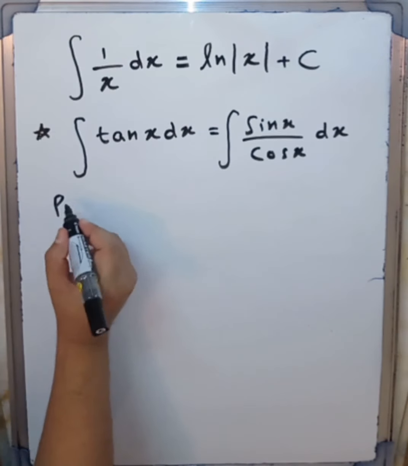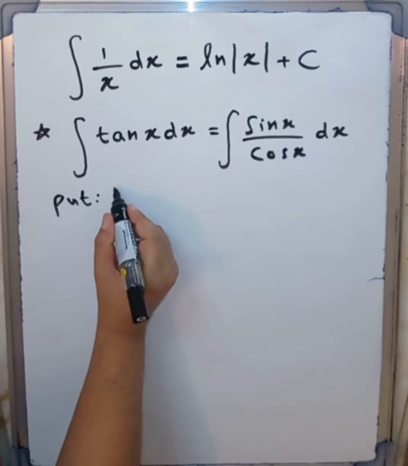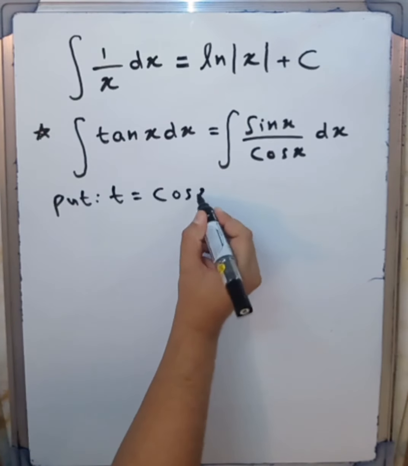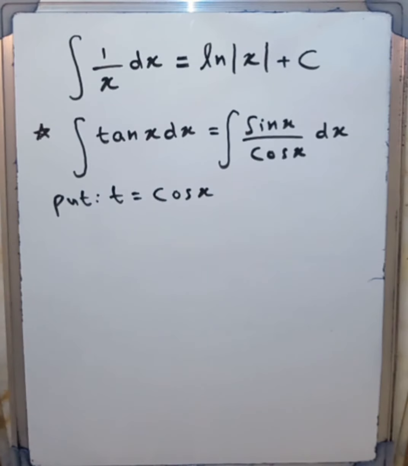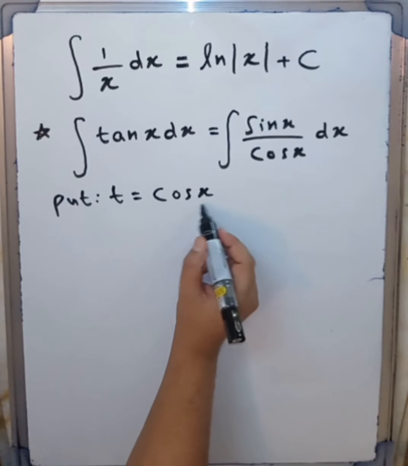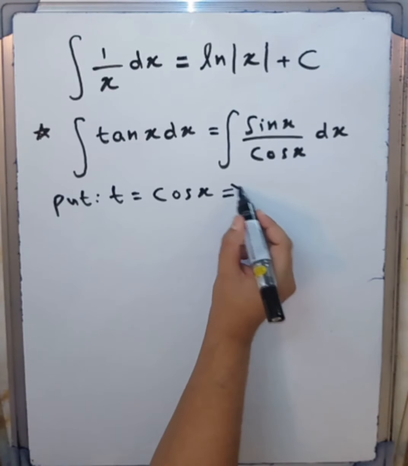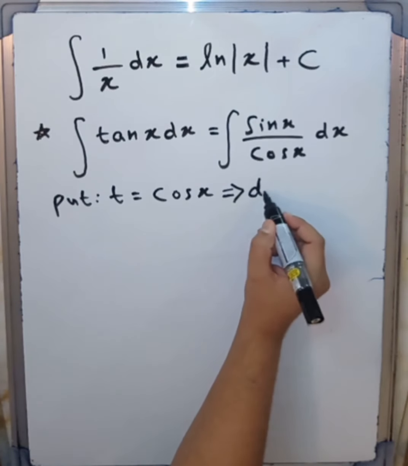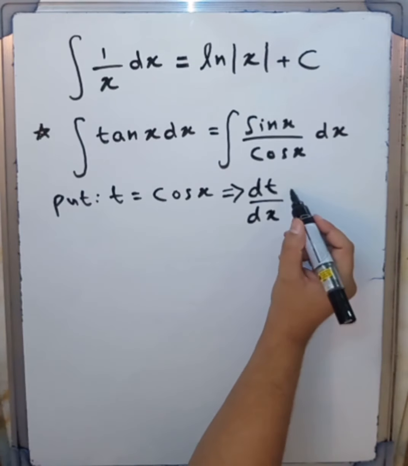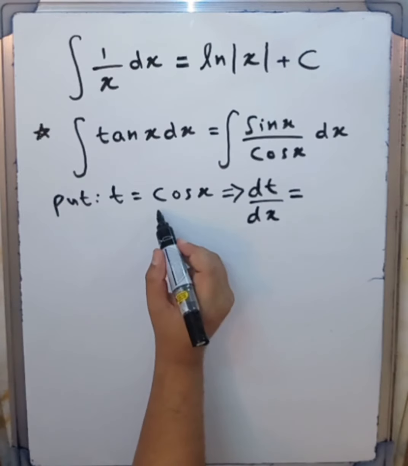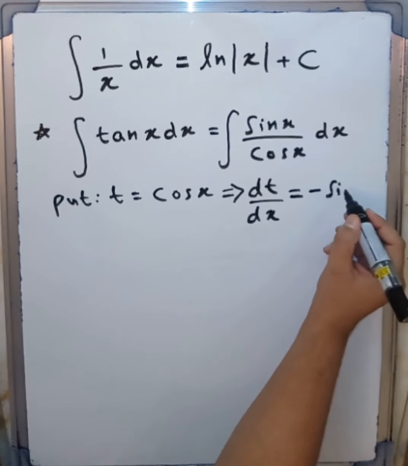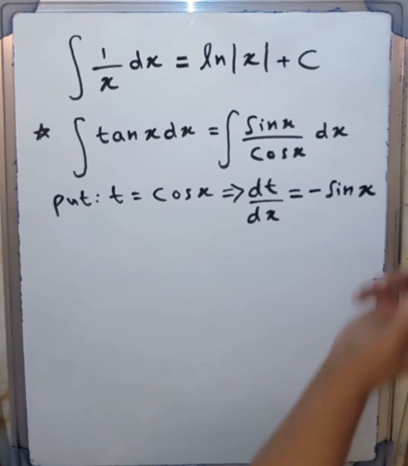Let us put t is equal to cosine x, and now because t is a function of x, we can find dt by dx, and we know that the derivative of cos x is equal to negative sin x.